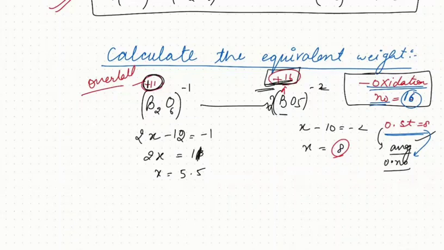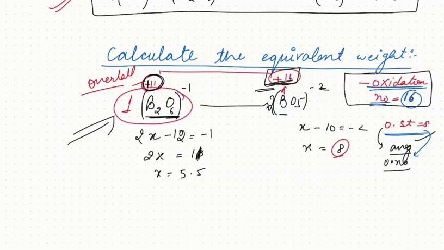Now, what is exactly going to happen here? Just see. When we are talking about B2O6 overall, and I want you to calculate the equivalent mass of B2O6 in this reaction, you will tell me that one full molecule of B2O6 is going to gain 5 electrons in this entire conversion. You understand? Yes.